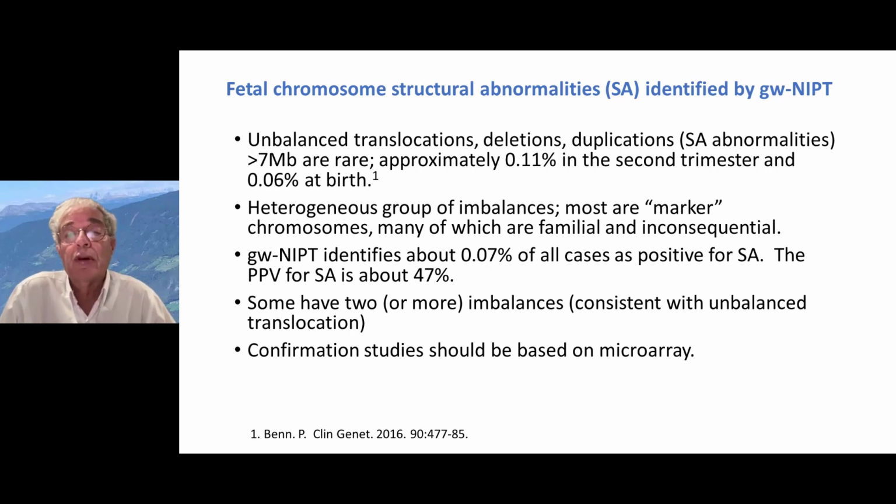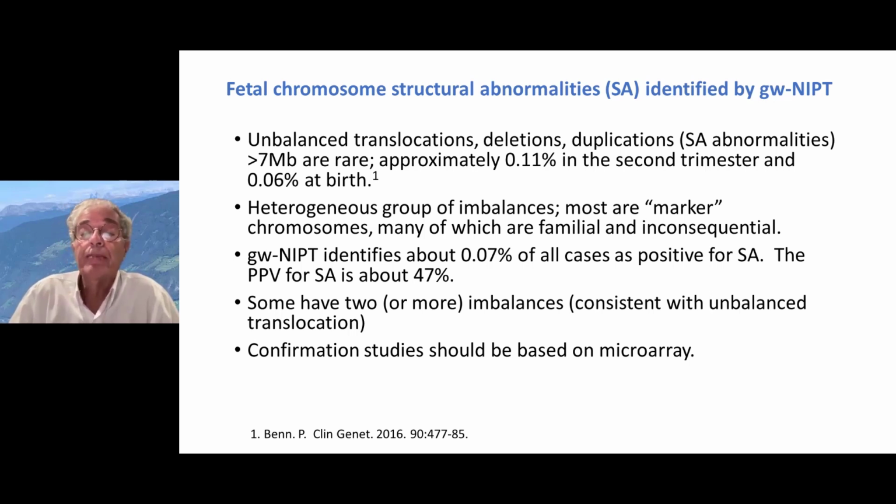Generally, these types of chromosome abnormalities are pretty rare. If you take a population at birth, it's estimated that maybe it's somewhere in the region of 0.06%, or a little bit over 1 in 2,000 cases would have a chromosome structural abnormality and an imbalance of this type.